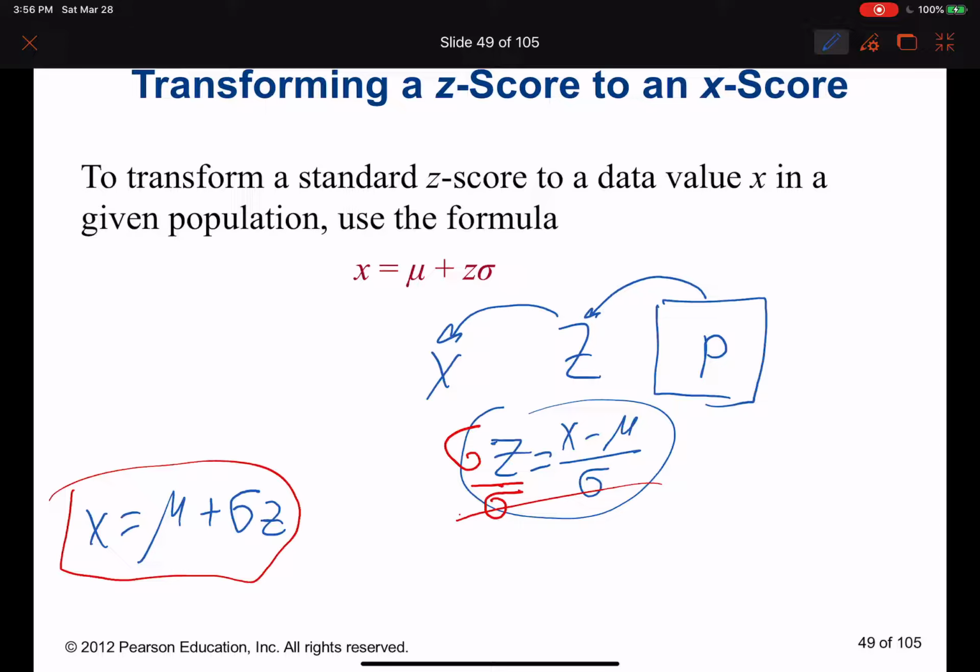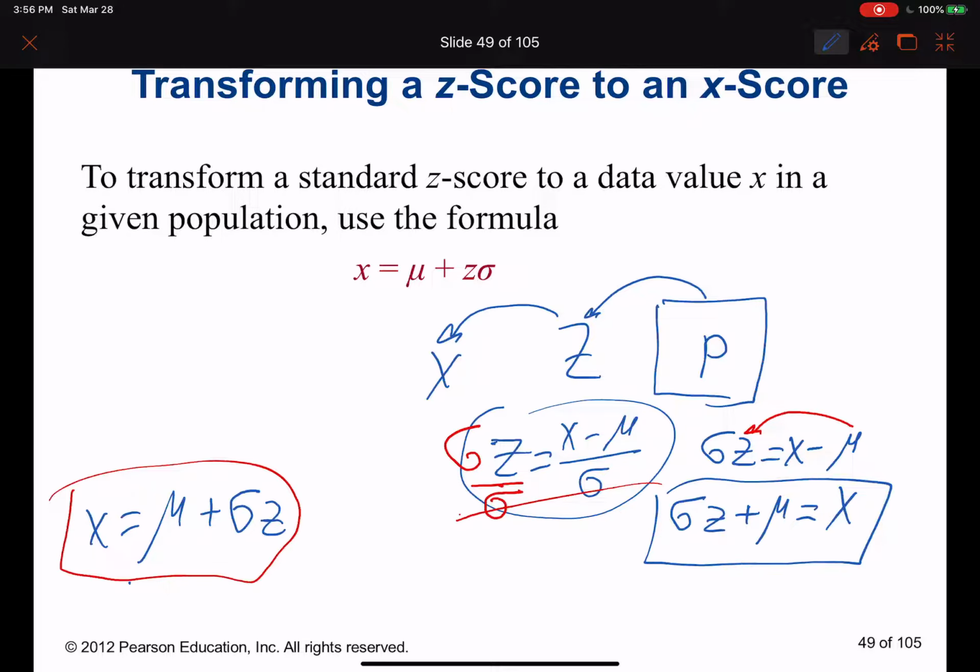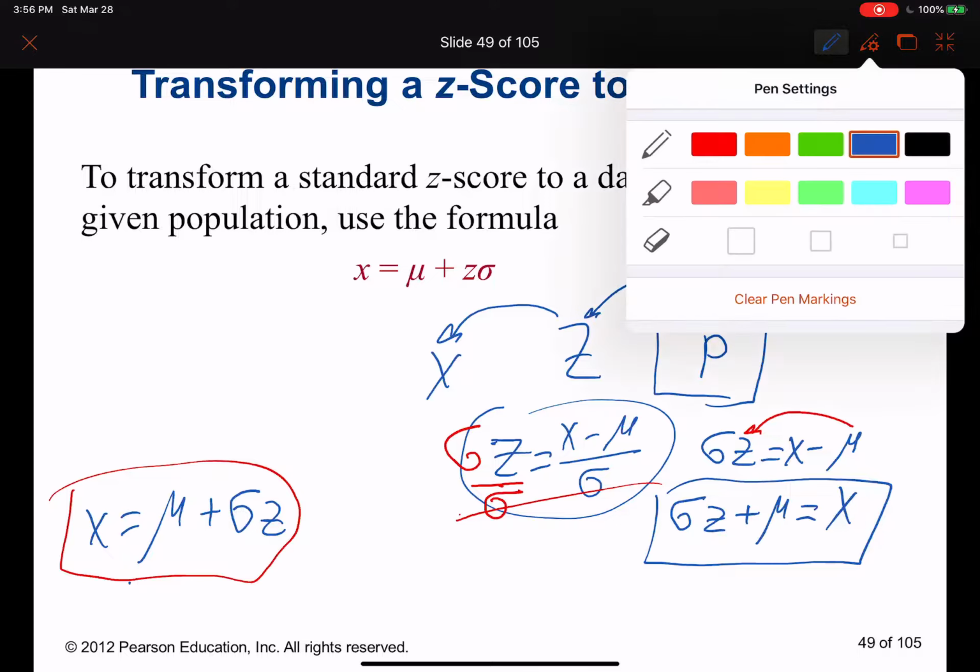From here I will have sigma z equals x minus mu. To find x, I have to take this mu and move it over, right? As a result, I will get sigma z plus mu equals x. And that's exactly the formula you have here.